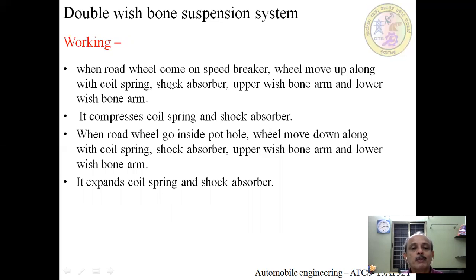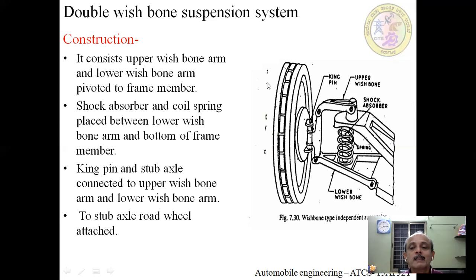When the road wheel comes on a speed breaker, what happens? The wheel moves up along with the coil spring and shock absorber. We'll go to the earlier slide. Here we can see when the wheel moves above the speed breaker, the lower wishbone arm, shock absorber, coil spring, and upper wishbone arm will move up.